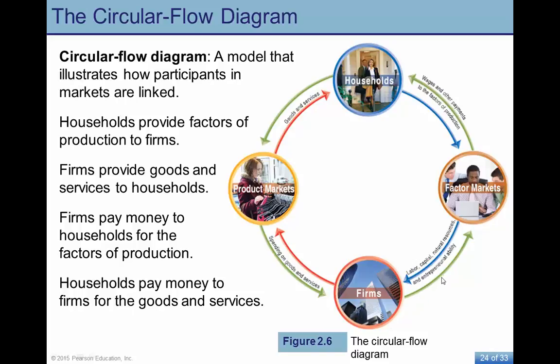Firms spend money on factors of production by paying them wages, interest, dividends, and rent, and spending by firms becomes income payment for households in the form of wages, rent, interest, and dividends. And households spend this money on buying new goods and services. Spending by households on new goods and services becomes revenue for firms. So this is the way the whole economy works.